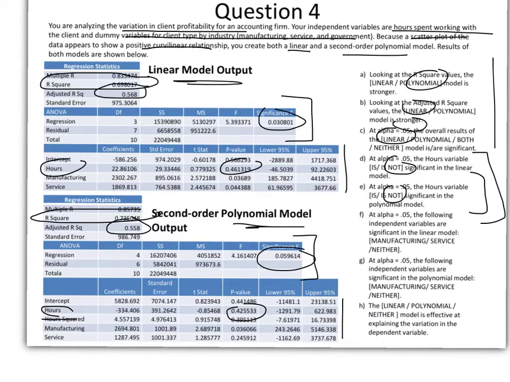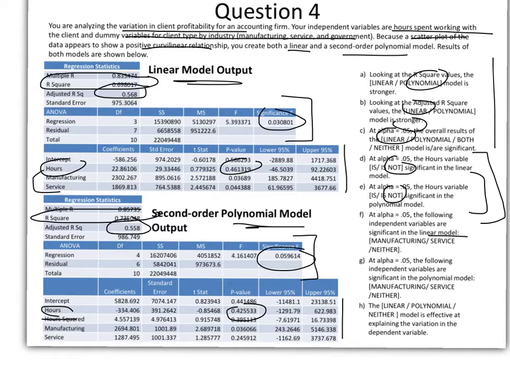In part F, we're looking at the linear model once again. At alpha 0.05, which independent variables are significant in the linear model? Let's see if any of the variables are significant. They say manufacturing, service, or neither.